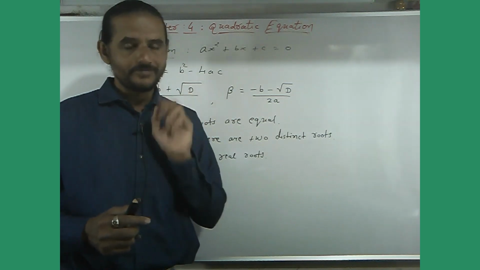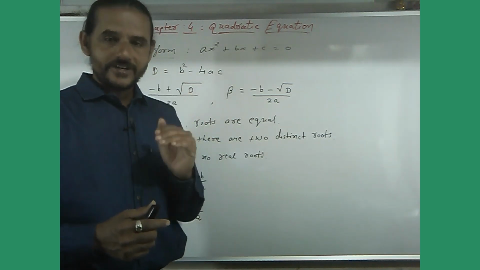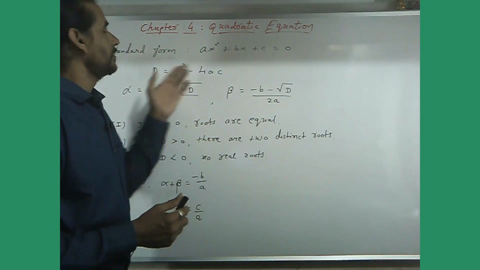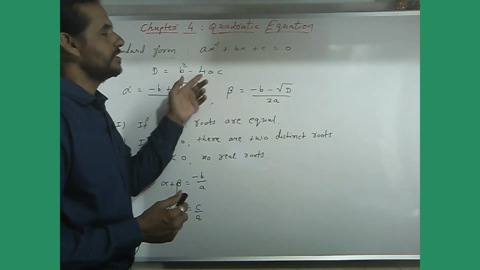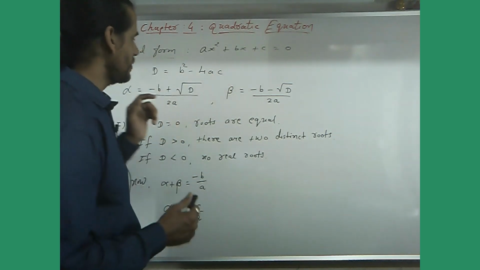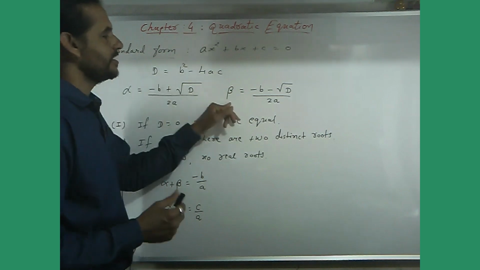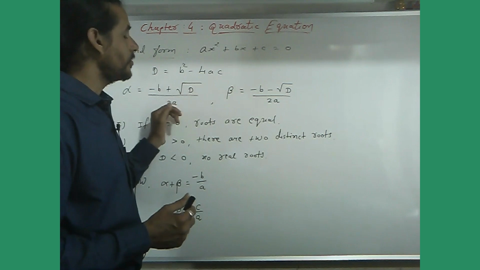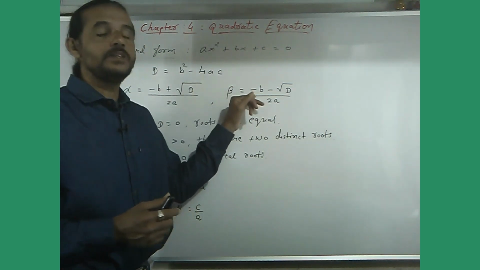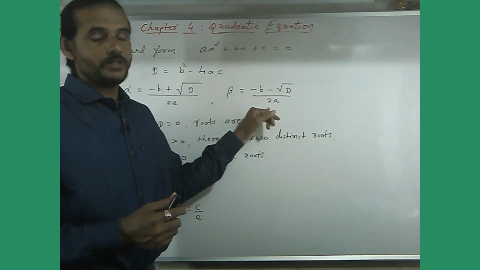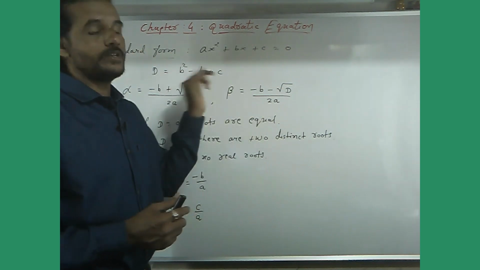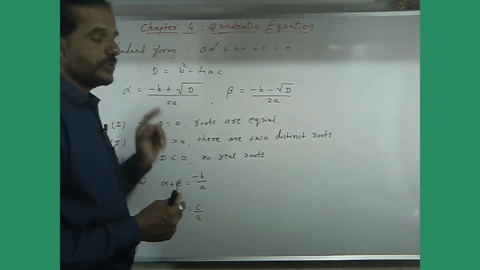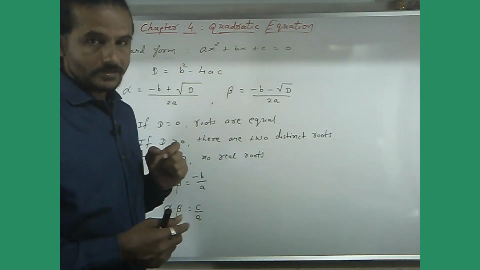Now solution of quadratic equation. There are two types of method. First by factorization, second one by square roots method. D is equal to b square minus 4ac, where there are two roots alpha and beta. Alpha equal to minus b plus under root D upon 2a, beta equal to minus b minus under root D upon 2a. If b square minus 4ac equal to 0, means roots are equal.